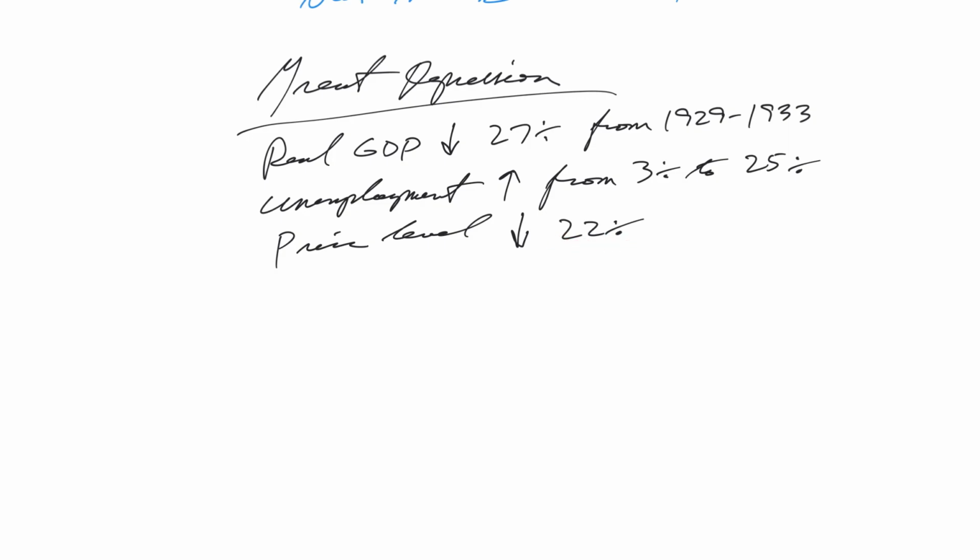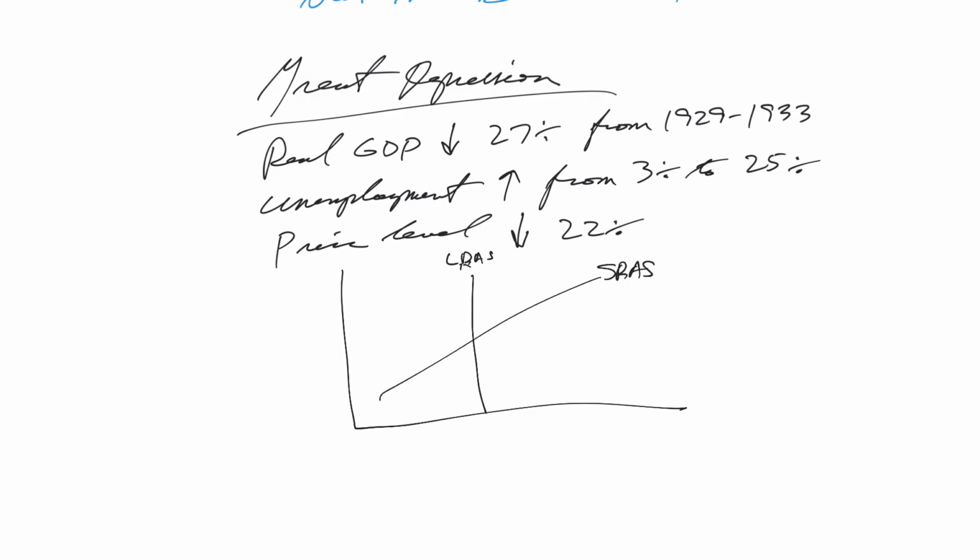So how would we model this with our aggregate supply, aggregate demand model? Here's our long-run aggregate supply. Here's our short-run aggregate supply. Here's our aggregate demand.